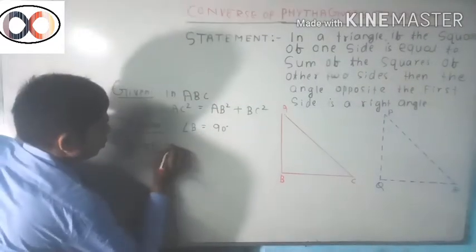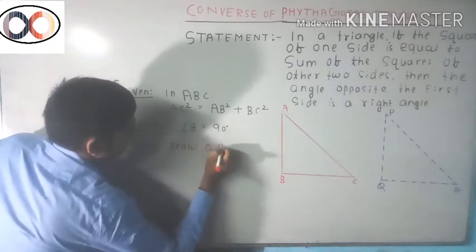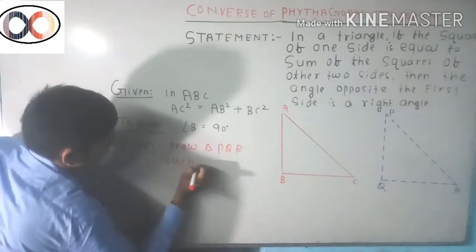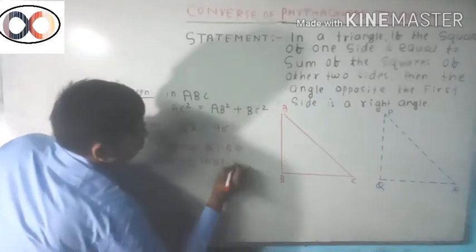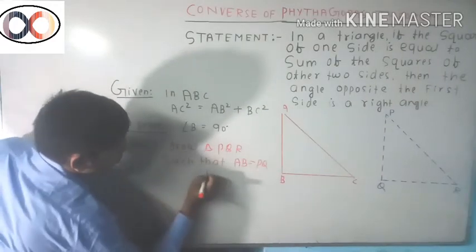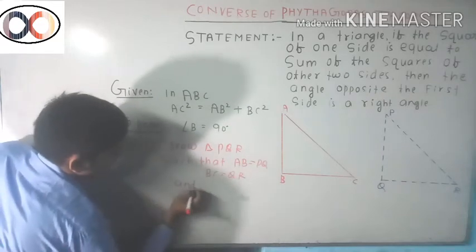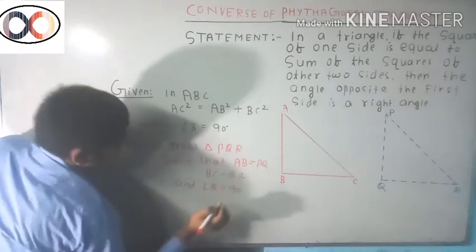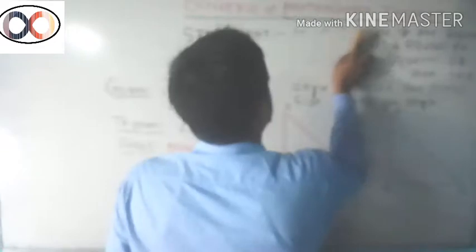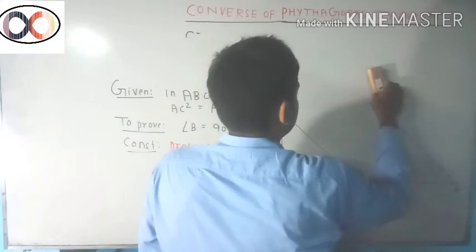Draw triangle PQR such that AB equals PQ, BC equals QR, and angle Q equals 90 degrees. Then we will have to show that both of the triangles are congruent.